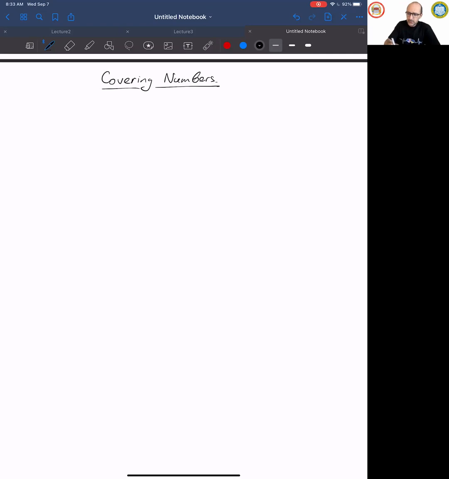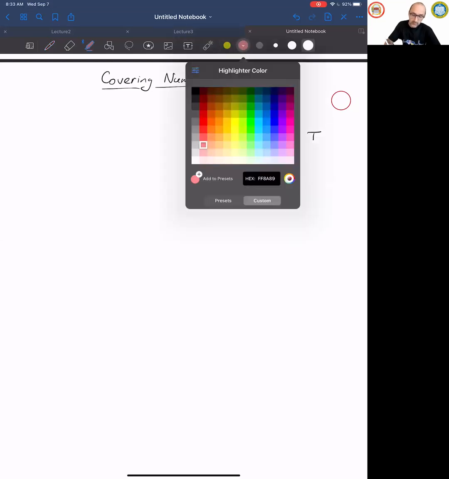It's a very simple thing. You have an object, let's say a set T, and you would like to cover it with round balls, with copies of a given round ball. Let's say this one. How many balls do you need? That's called the covering number.